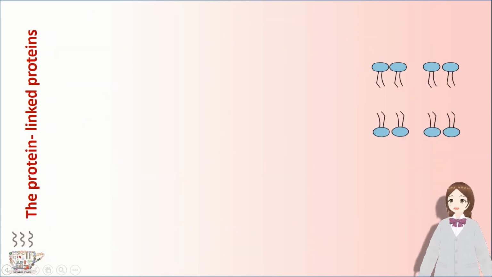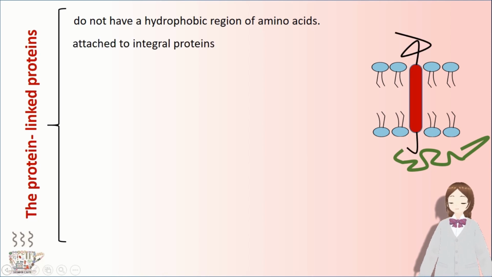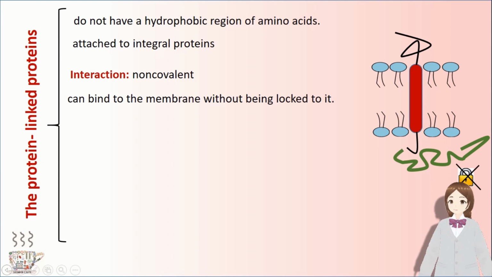Another peripheral protein is a protein-linked protein. Like the lipid-linked protein, the protein-linked proteins do not have a hydrophobic region of amino acids. They include amino acid sequences that enable them to bind to the integral proteins through non-covalent interaction. They can bind to the membrane without being locked to it.